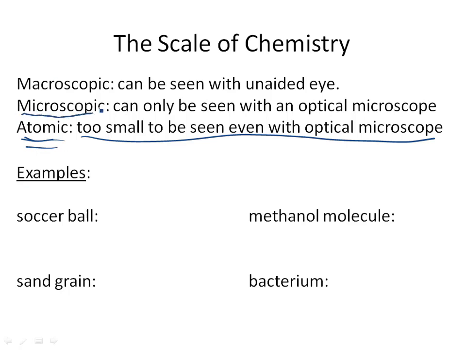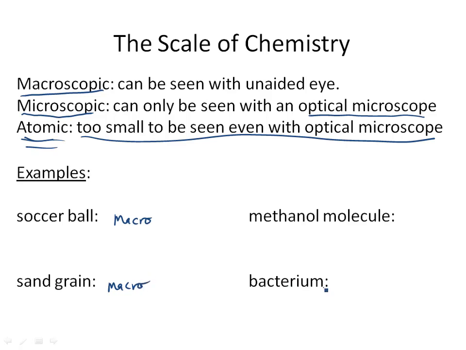Microscopic means you can see it with an optical microscope, but you can't see it with your naked eye. And macroscopic things are things you can just see with your eye. So some examples, a soccer ball obviously is macroscopic. A grain of sand is small, but you can still see it, so it's a macroscopic thing.